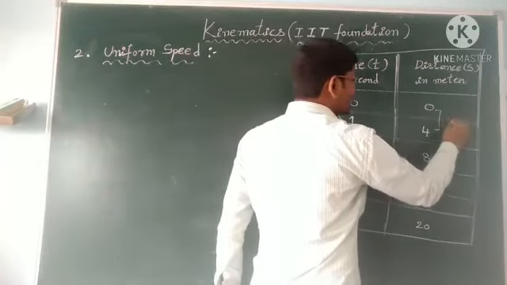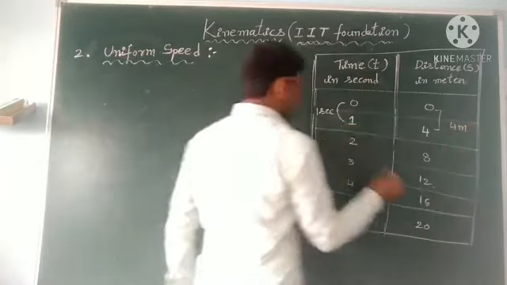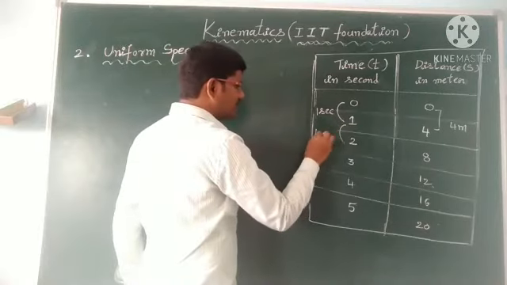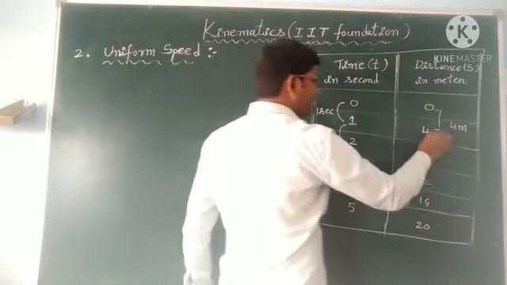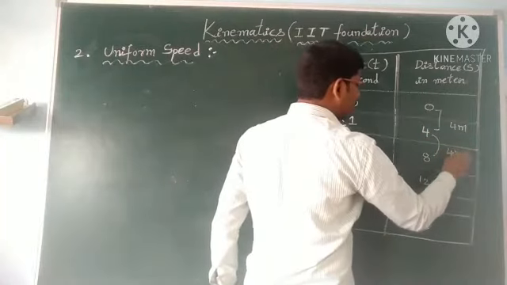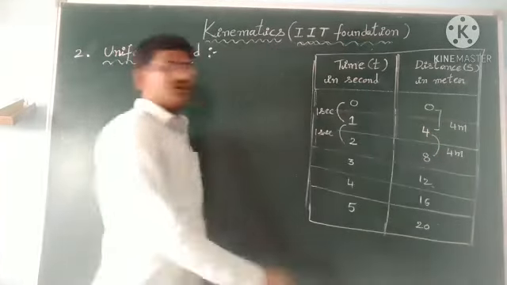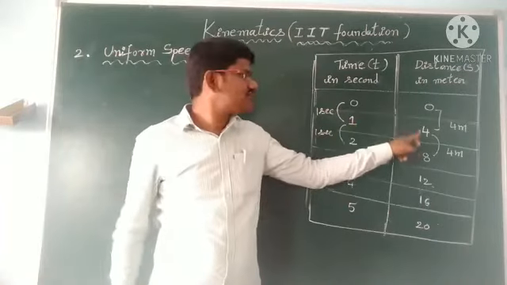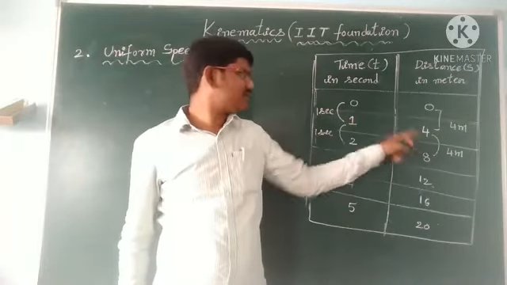The covering distance is 4 meters. And from here to here, again 1 second, he covered 4 meters. 0 to 1, first second, he traveled 4 meters.